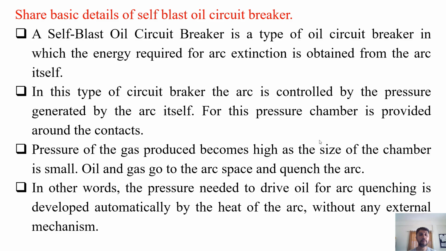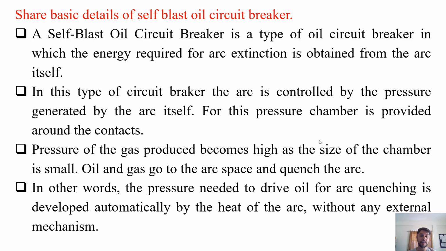Share basic details of self-blast oil circuit breaker. A self-blast oil circuit breaker is a type of oil circuit breaker in which the energy required for the arc extinction is obtained from the arc itself. In this type of circuit breaker, the arc is controlled by the pressure generated by the arc itself. For this, a pressure chamber is provided around the contacts.